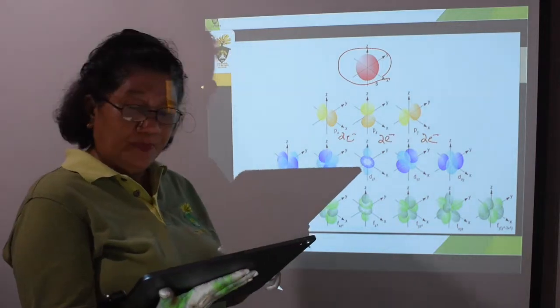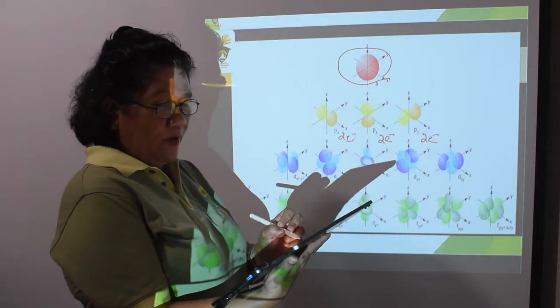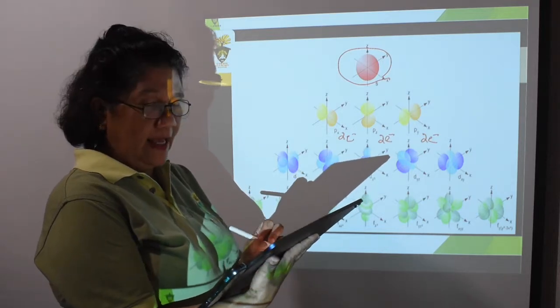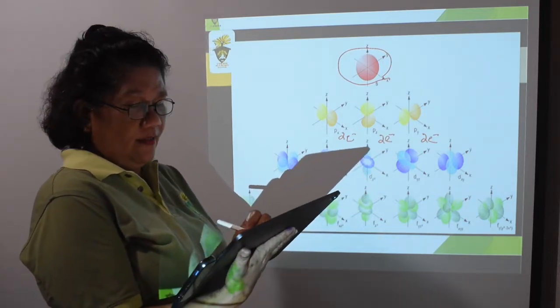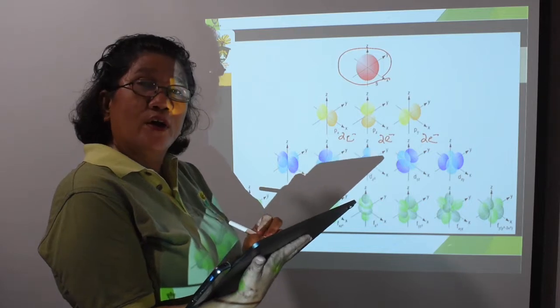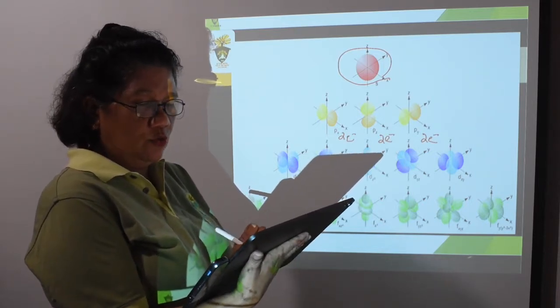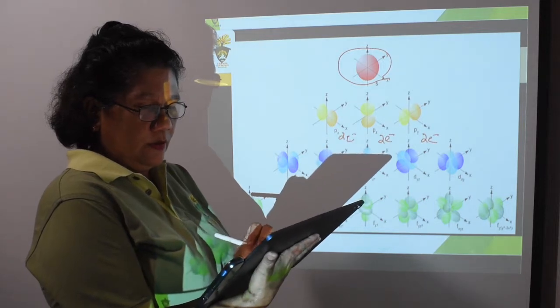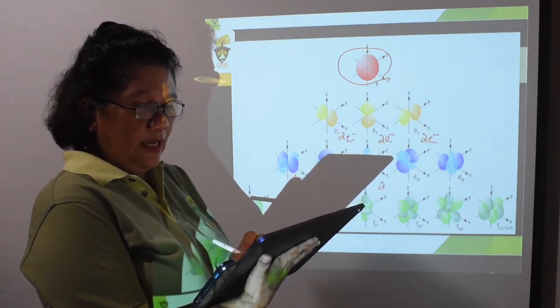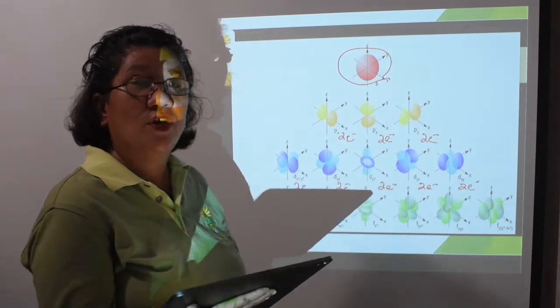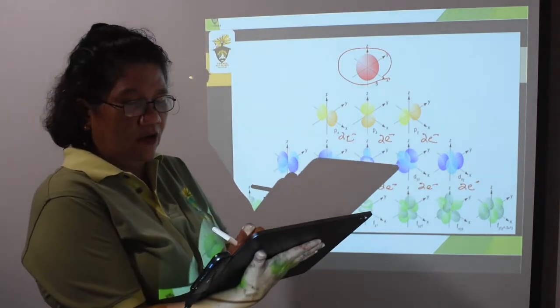For D, for this dx2-y2, it has how many electrons? That is 4. This is 2 electrons, 2, then 2 electrons also, 2 electrons, summing up to how many electrons? 10 electrons all in all.